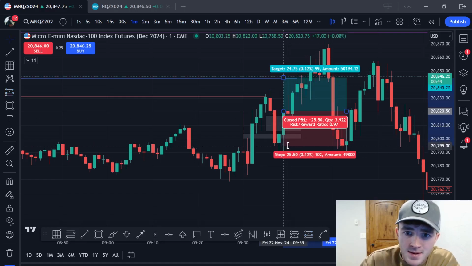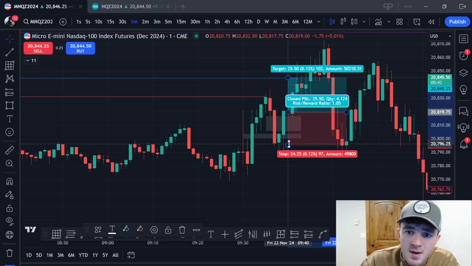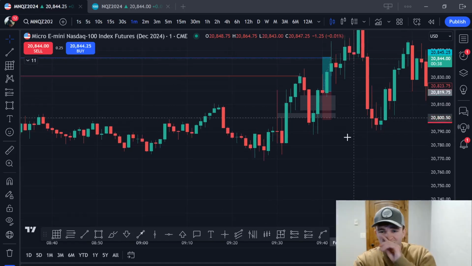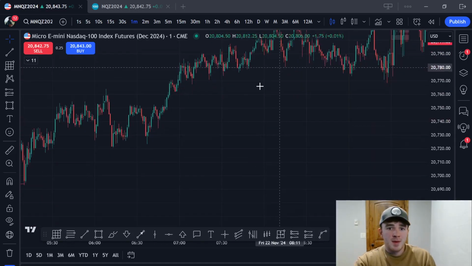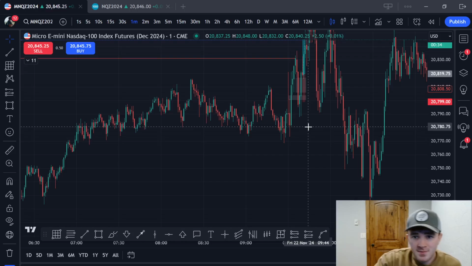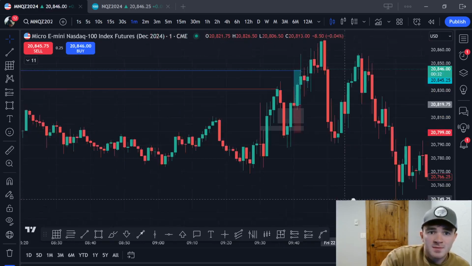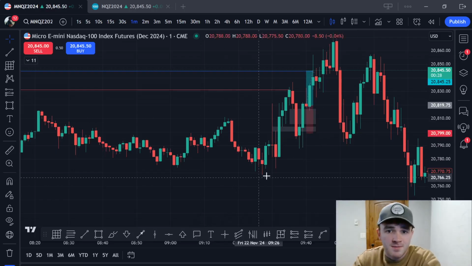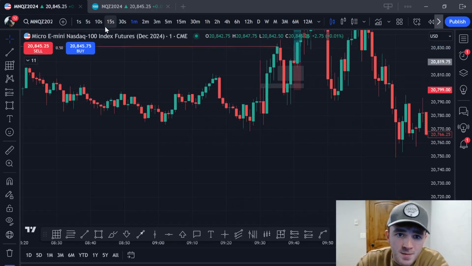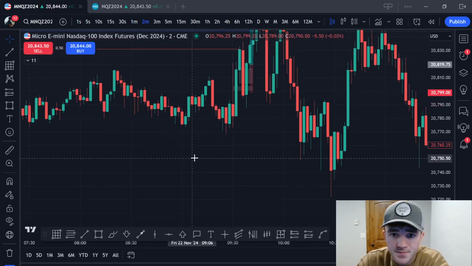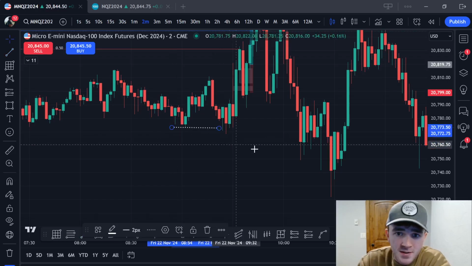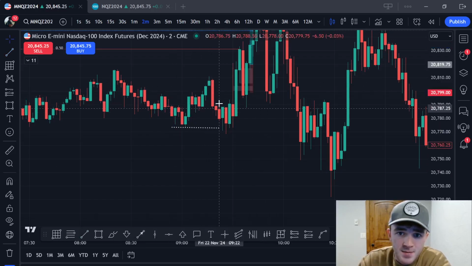Decently high probability, but also not necessarily the best trade because we are in premium pretty far. But it was decent. It was a nice 1-to-1, and as well we're delivering from, you can see we swept liquidity here, and we were delivering from this breaker here.